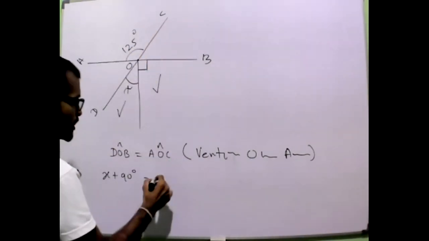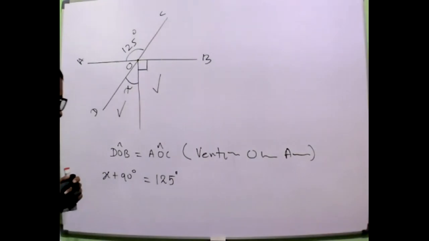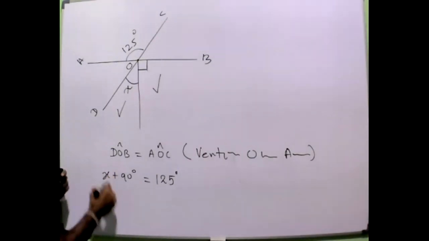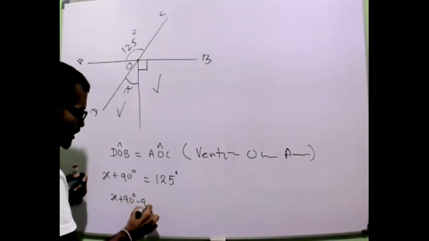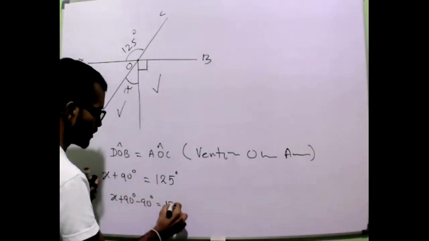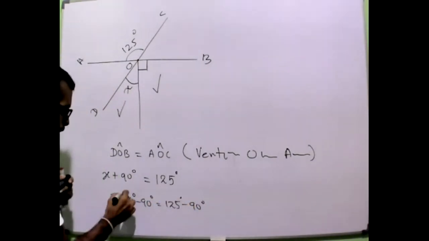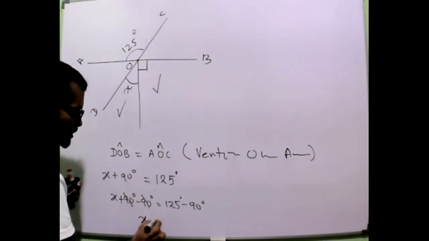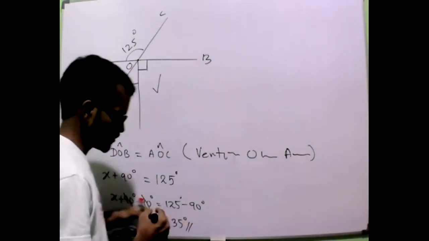AOC means 125. Okay. Now you can find the value of x. Minus 90 and minus 90 cancel out. X equals 35. Right?